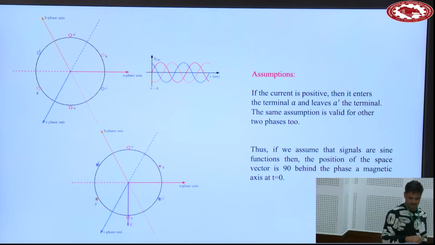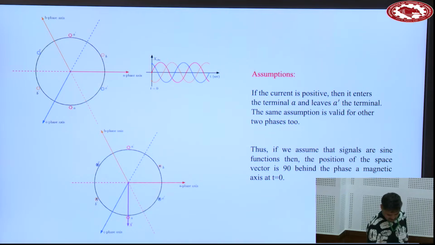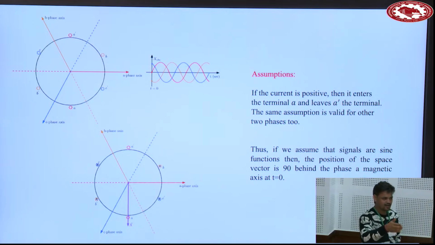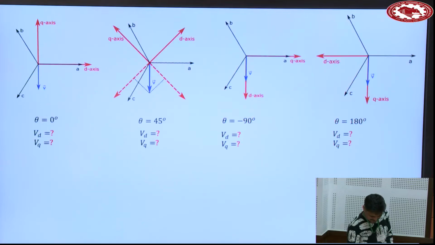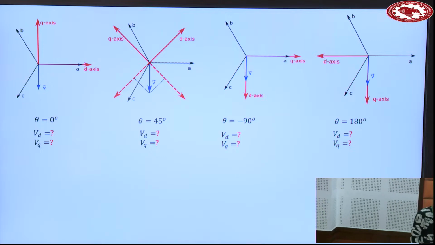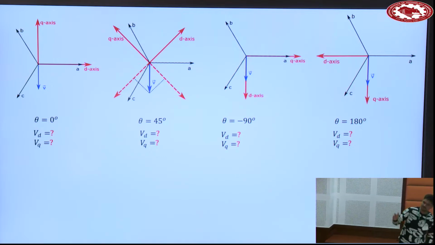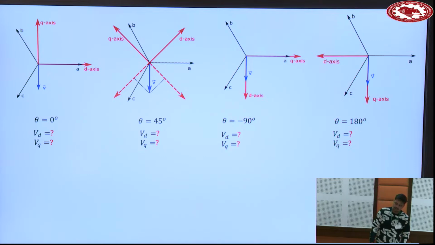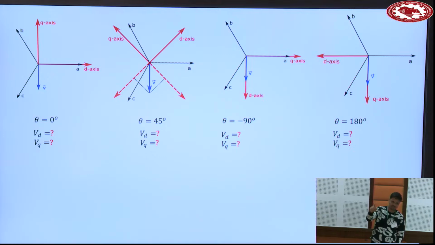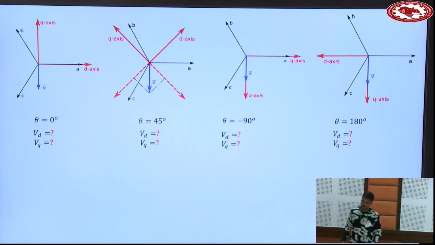Now I have some questions, and you are decomposing this vector only in D and Q. Case 1: the D axis is aligning with the A phase axis, and the Q axis is obviously perpendicular to that.